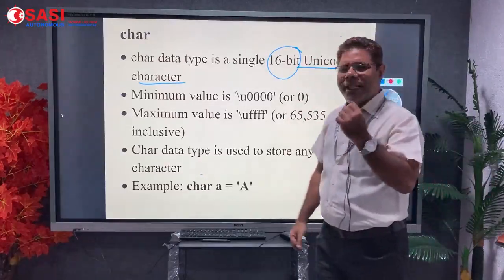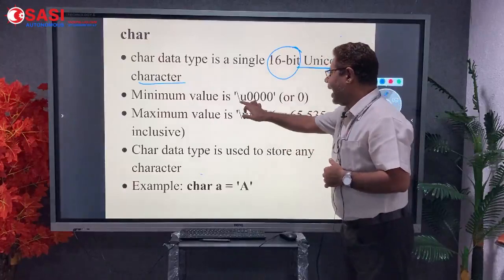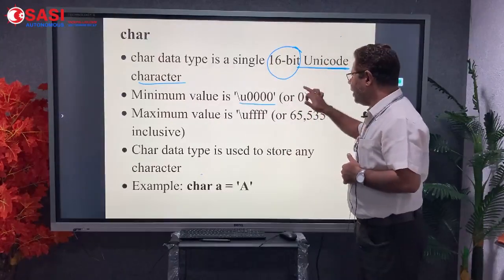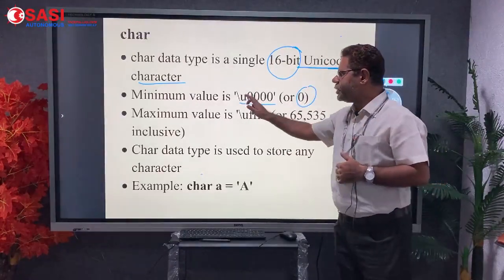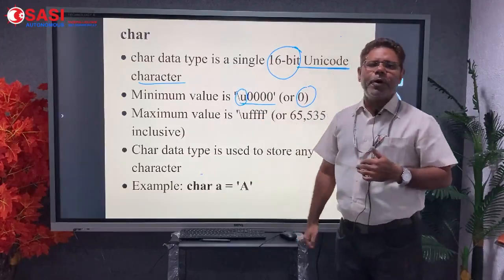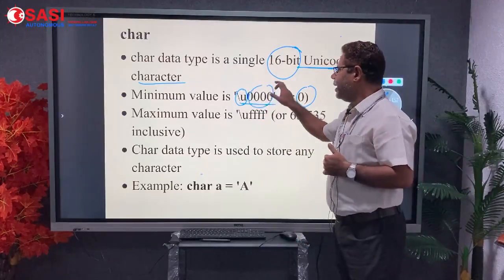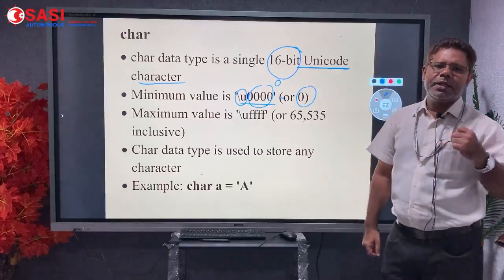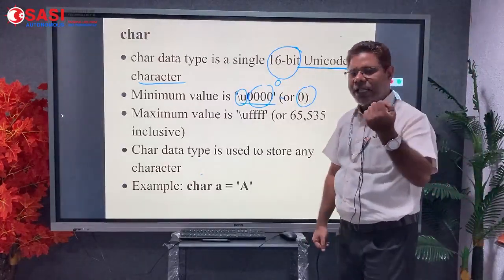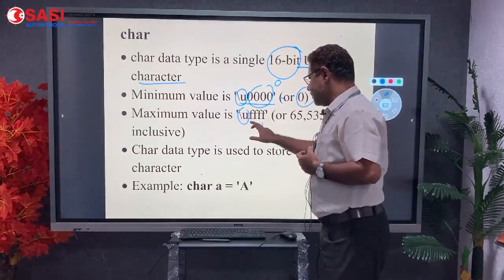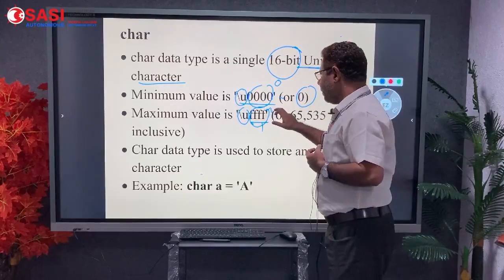Here the minimum value of the char is \u0000. That is simply called 0. The \u specifies the Unicode format, and 0000 specifies the 0. Next, the maximum value of the character is \uffff. This is the hexadecimal format.